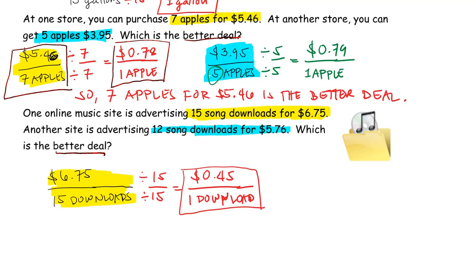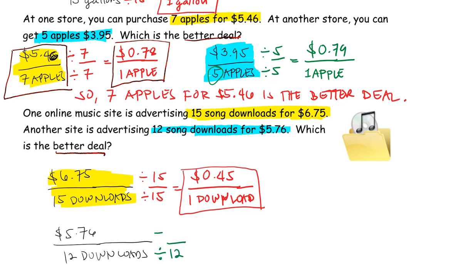So let's take the other one. So you have $5.76 for 12 downloads. So again, I'm gonna make my denominator equal to 1.